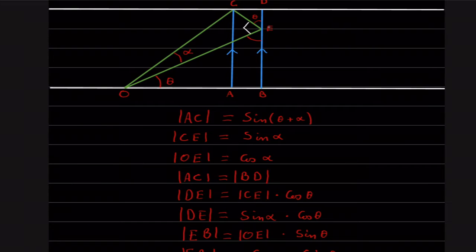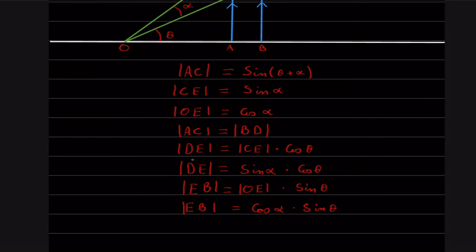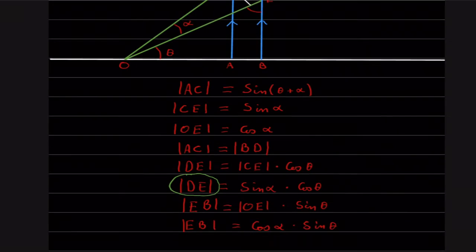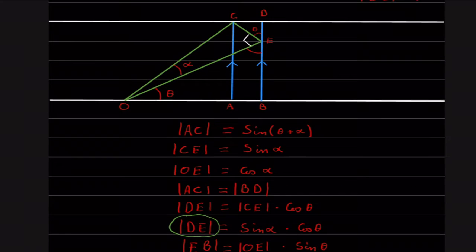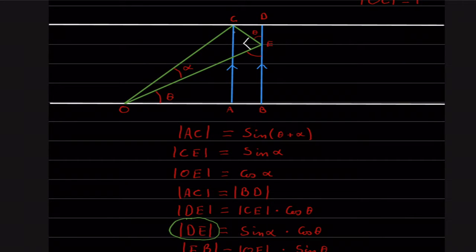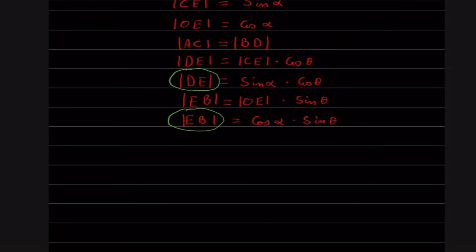And since we know DE already, and we know BE, we know these two lines, so we shall be able to know these two lines also. Let me write these two equations separately.